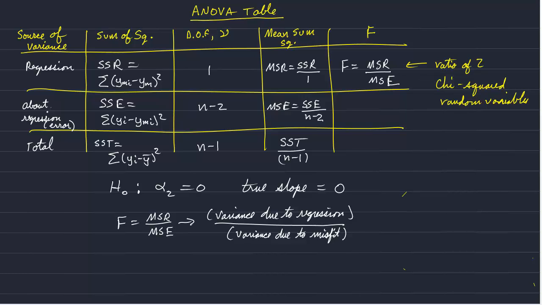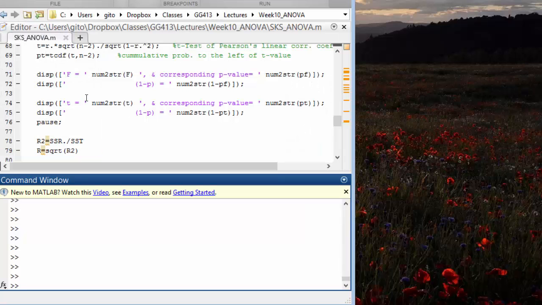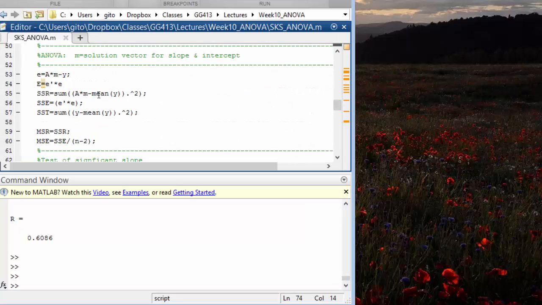So let's go ahead and perform this test for our example data set here. I already have my data loaded into MATLAB, and I've already performed my fit. So let's look at this. I have my misfit vector as Gm minus y, where m is the solution vector for the slope and intercept.